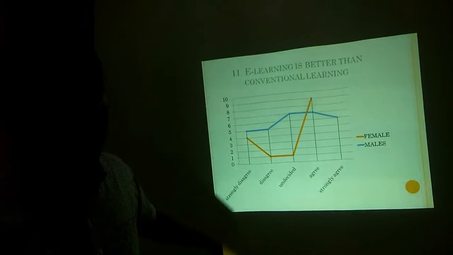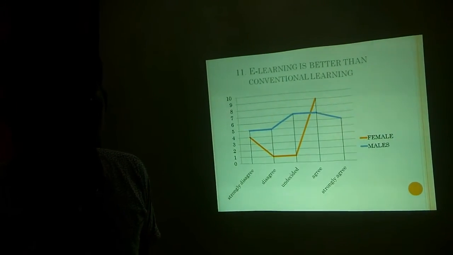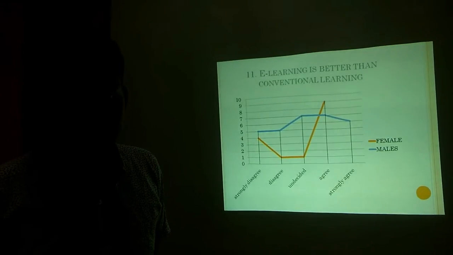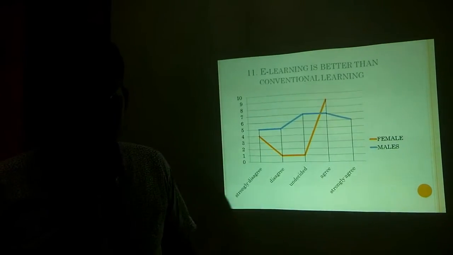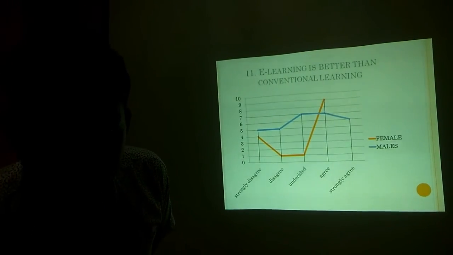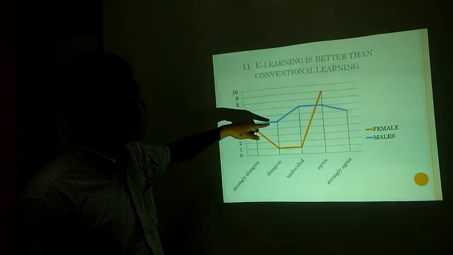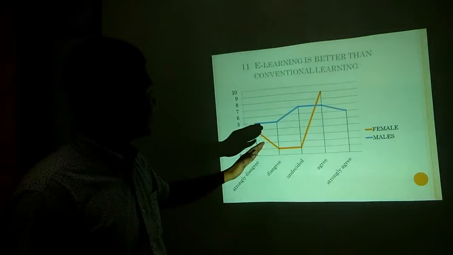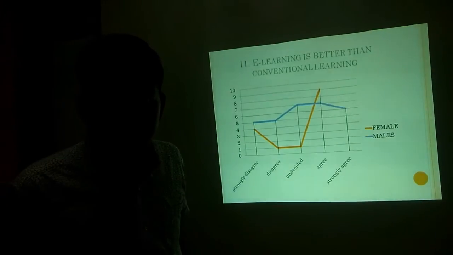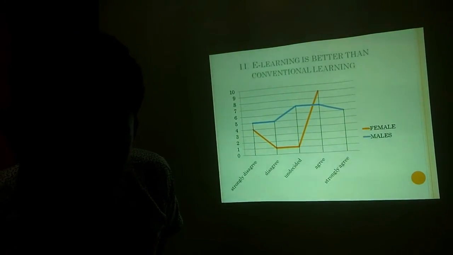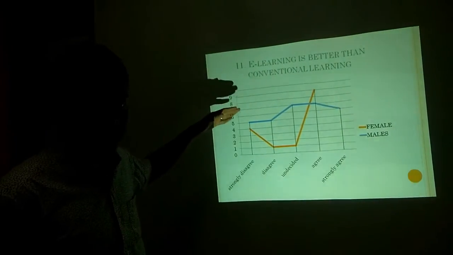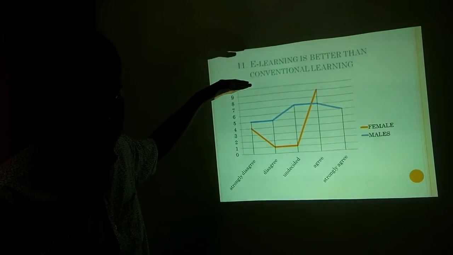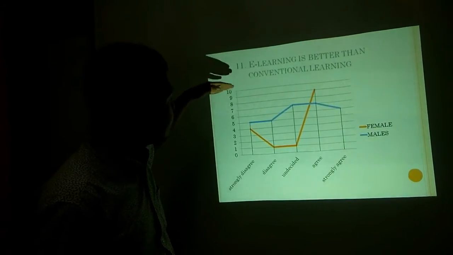The graph shows the result of student opinion on whether e-learning is better than conventional learning and teaching. The male category starts at 5 and remains constant, then increases to 7, and remains constant again before decreasing slowly to 6.